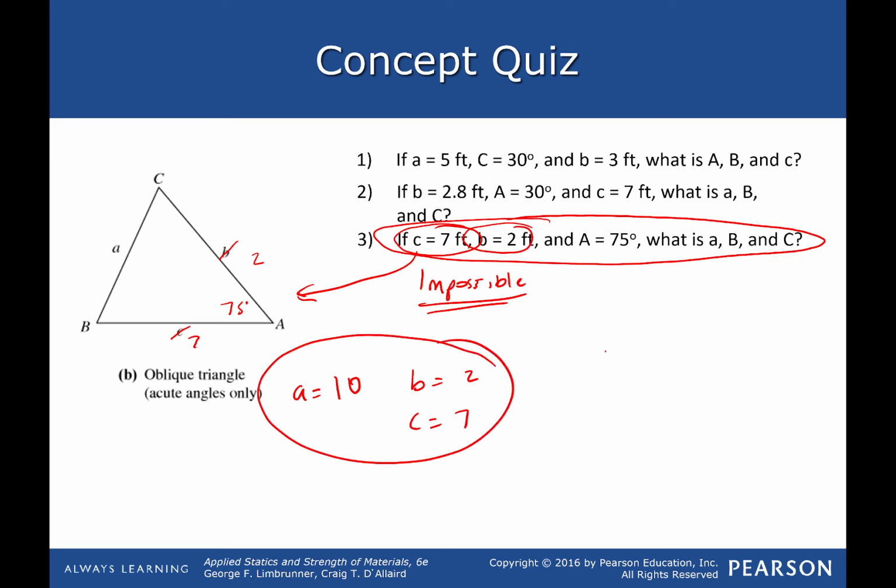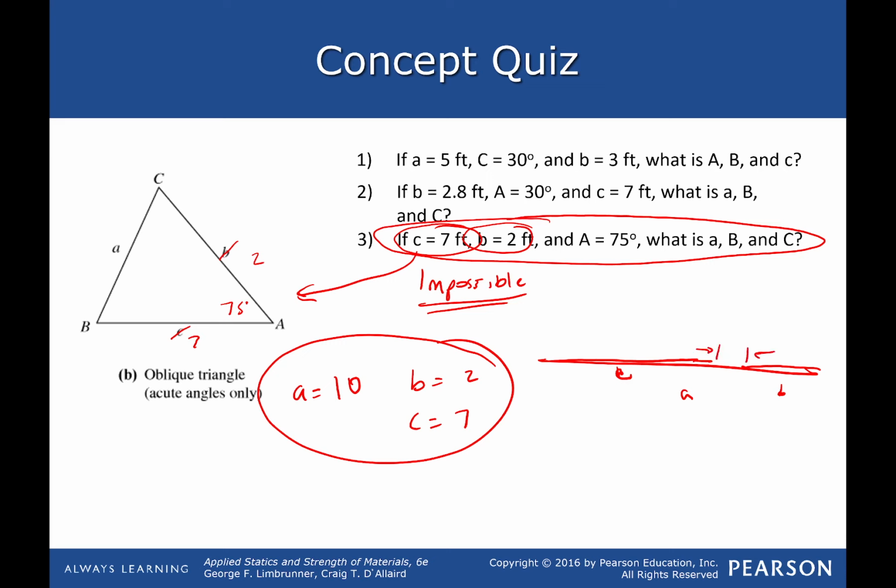But if you were to try to make this into a triangle, what you would see is that this is A, and B and C have no ability to connect, because C goes that far, and B goes this far, but they don't actually connect. There's this gap here. So it doesn't mean that every single possibility can work for you.